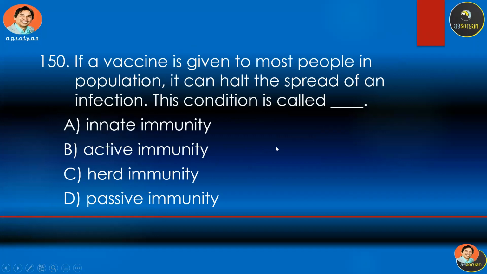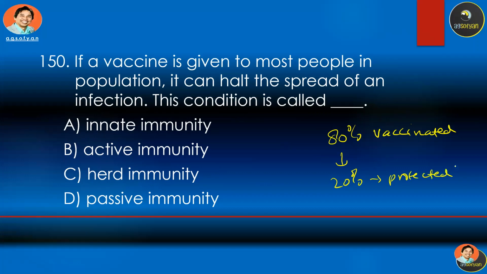If a vaccine is given to most people in the population, it can halt or stop the spread of an infection. This condition is called A, B, C, or D. Okay, so when most people in the area, let's say 80% of people, receive vaccinations, then the other 20% is actually protected, because there will be less disease due to 80% of them already being protected from the disease.